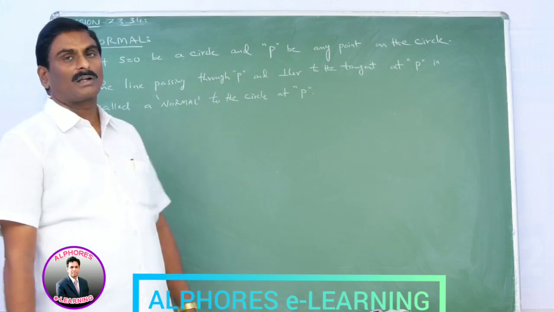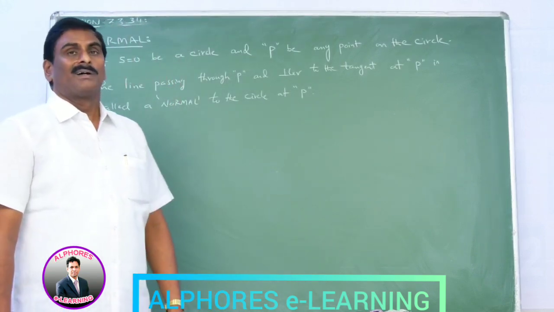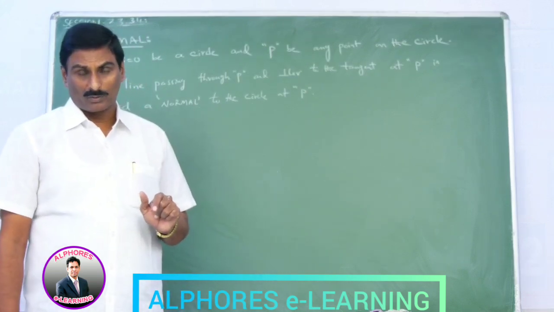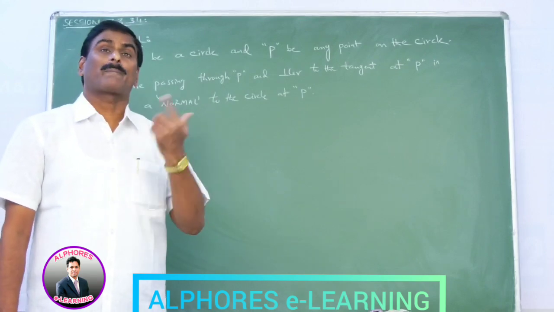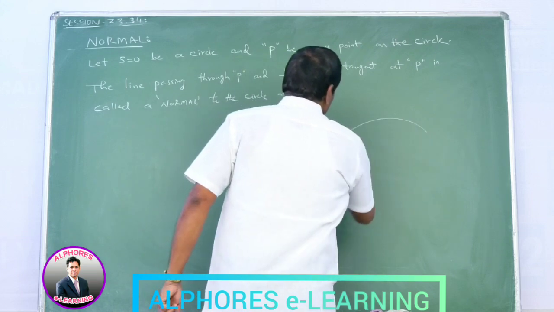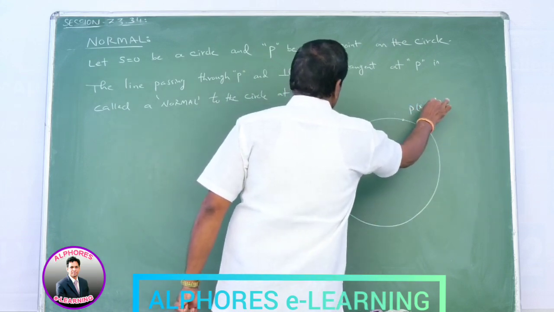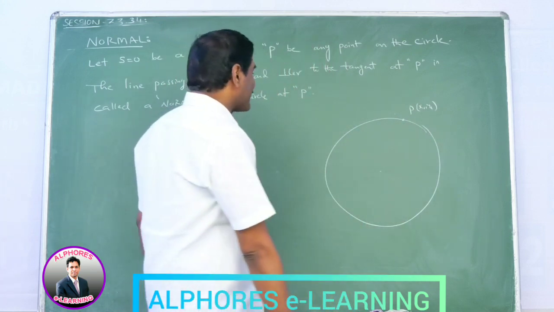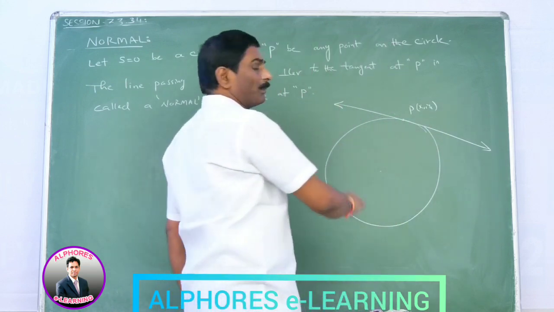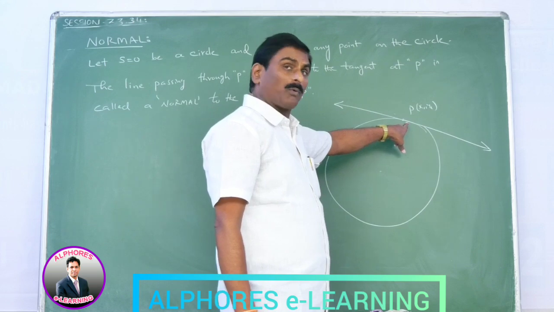Next, normal. A normal is nothing but the line perpendicular to the tangent at the given point. Suppose S is equal to 0 is a circle and P(x1, y1) is any point on the circle. Then the tangent equation at P is S1 is equal to 0. The tangent through P touches the circle at only one point, and that point P is said to be the point of contact.